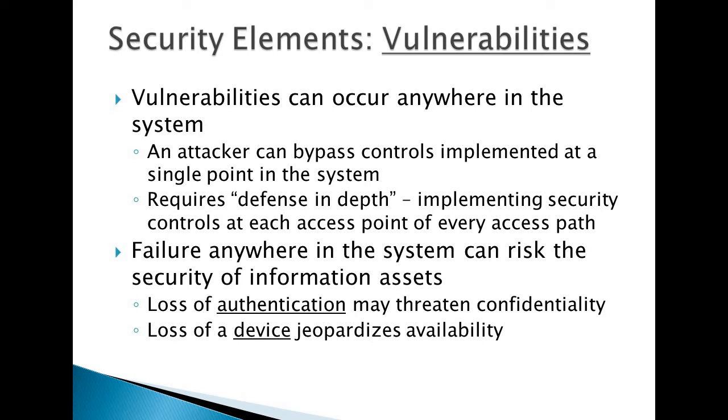So a failure which happens anywhere in the system can raise security risk. Loss of authentication may threaten confidentiality. Likewise, loss of a device leads to unavailability of data in the system.